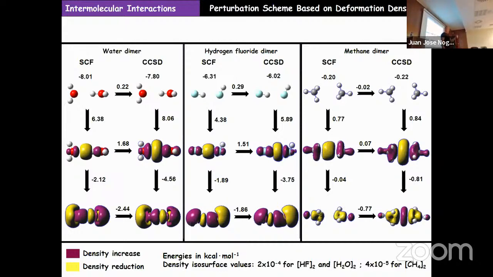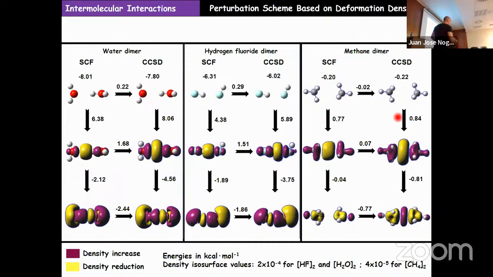The limiting step is the calculation of the reference, because we use coupled cluster CCSD with a large basis set, it will take time. But the energy decomposition analysis, the partition of the interaction energy, takes 5 seconds.